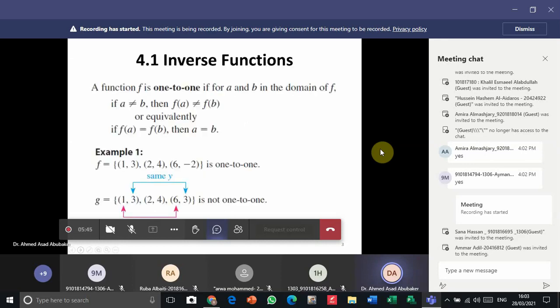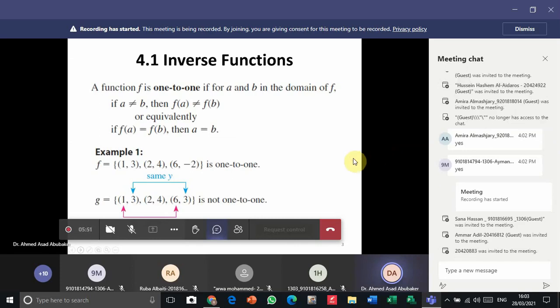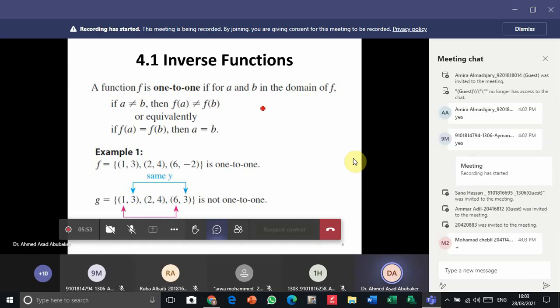Now, firstly, we will start with the inverse function. Inverse function means if we have a point, for example (a, b), on f of x, so if the function f has an inverse, denoted by f to the power of -1, the point swaps between the x coordinate and the y coordinate.